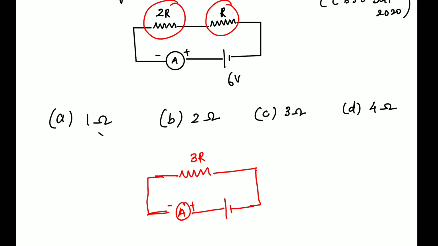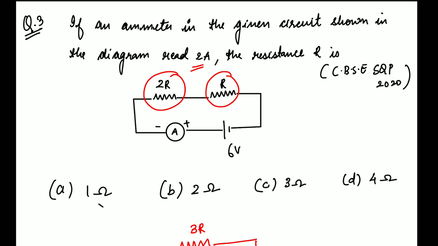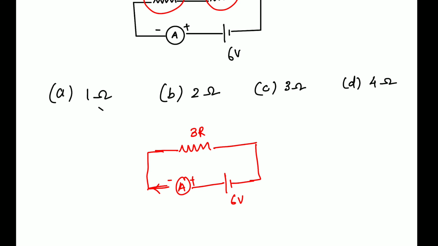The work of an ammeter is to measure the current inside the circuit, right? You have a 6 volt cell supply, or you can say battery supply, and the ammeter is reading 2 ampere. That means 2 ampere current is flowing here, so 2 ampere current is flowing.